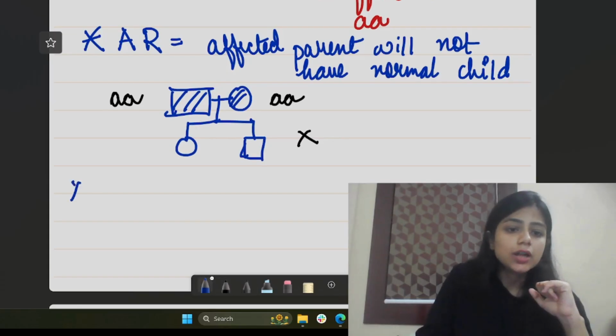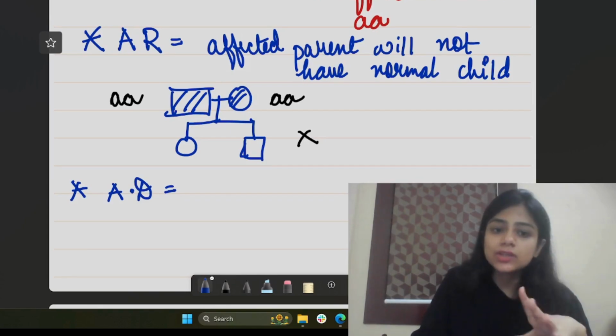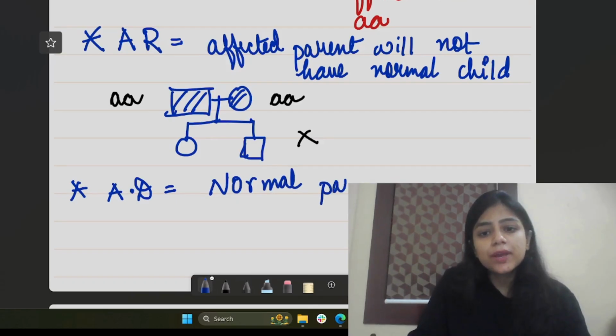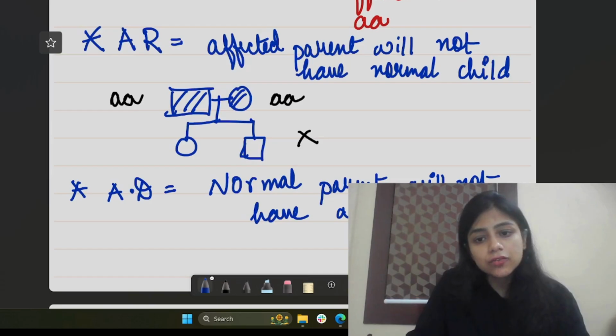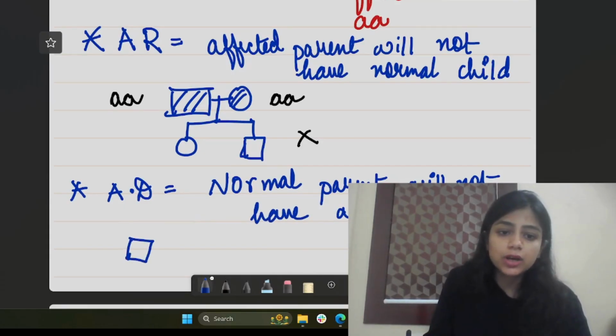Another catch is whenever I'm talking about autosomal dominant. What does it say? A normal parent will not have an affected child. Suppose I'm taking one example of a normal parent, and this normal parent is having an affected child.